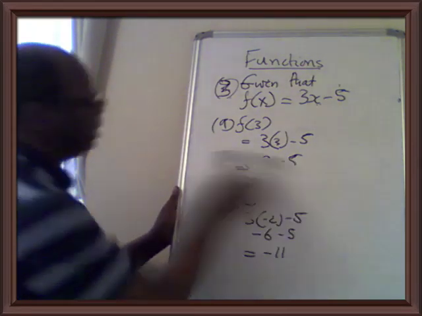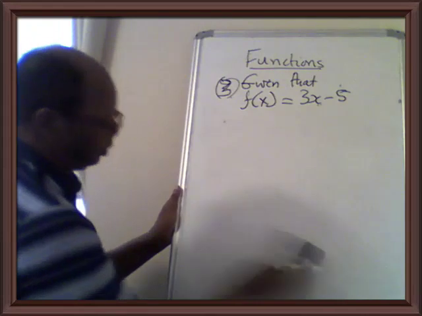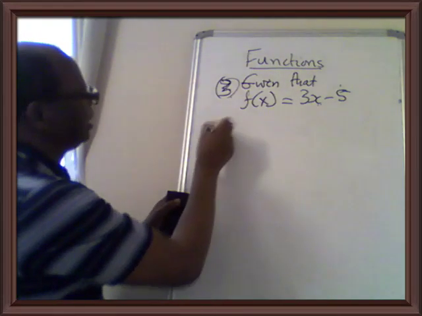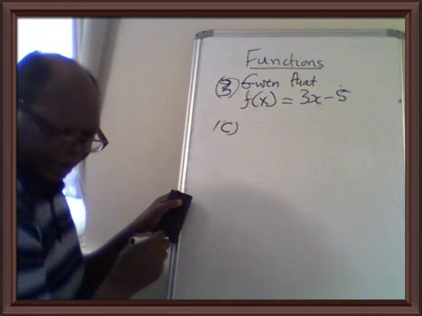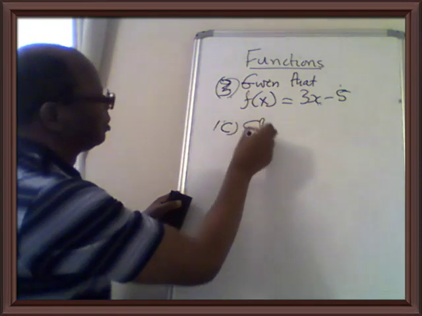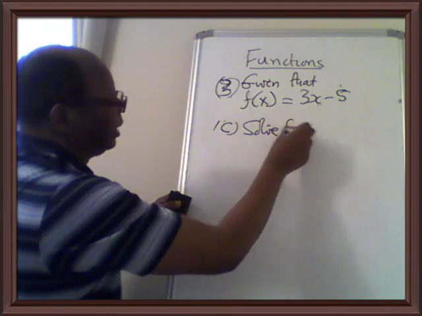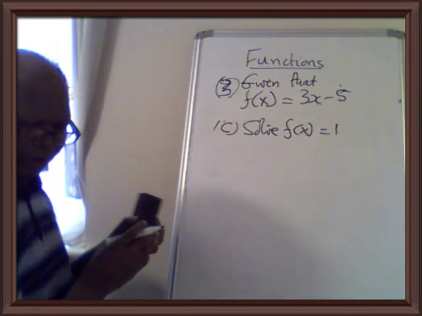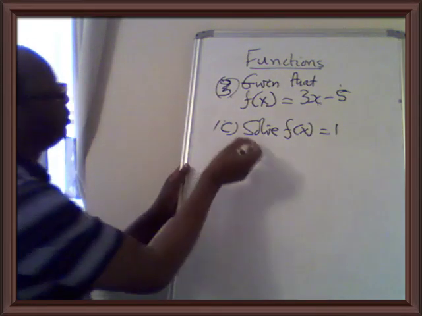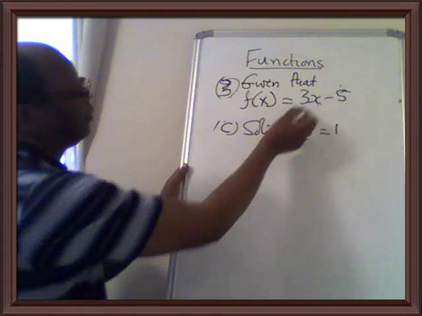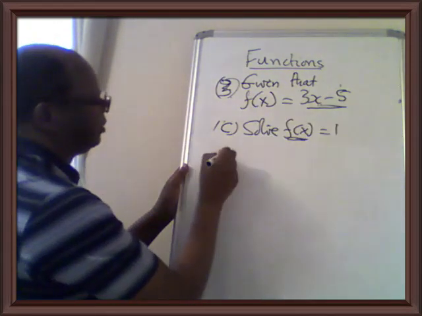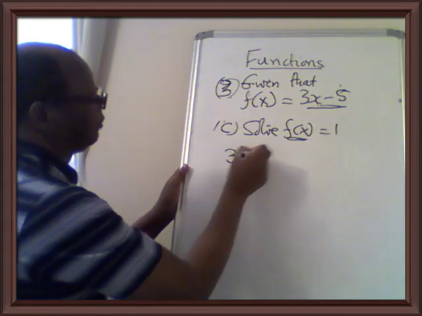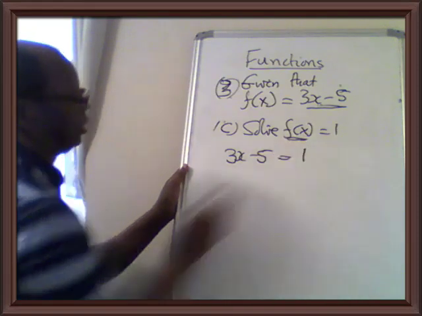Question C. C is asking me, it says solve f of x equals 1. Similar to the previous one. I know what f of x is: 3x minus 5. So I'm going to take 3x minus 5 equals 1.